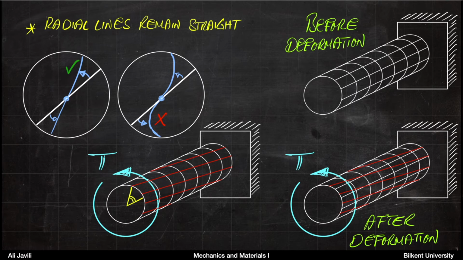So obviously you get a rotation. If you think about a point that was here, now in the next picture it's going to be here. So you get that much rotation from where it was. But we assume that in that cross section the radial lines remain straight. So this thing does not happen, and this is what is happening.